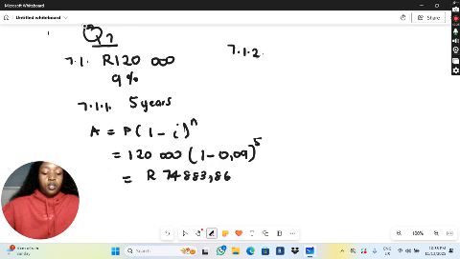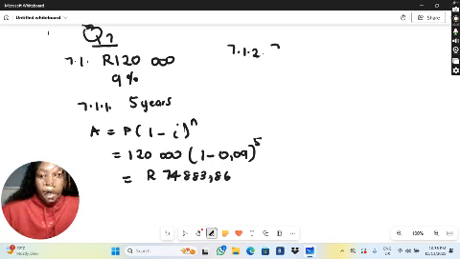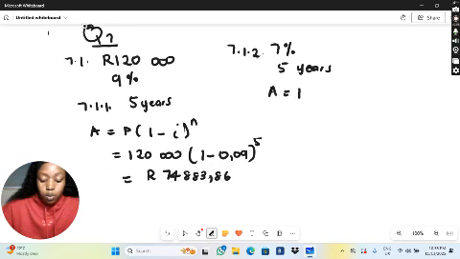Okay, and then we go to 7.1.2. Let's read the question. The question says that after 5 years, the machine needs to be replaced. During this time, inflation remained constant at 7% per annum. So determine the cost of a new machine at the end of 5 years. We still have 5 years here. So for 7.1.2, we have A is equal to P into 1 plus i to the power of n.